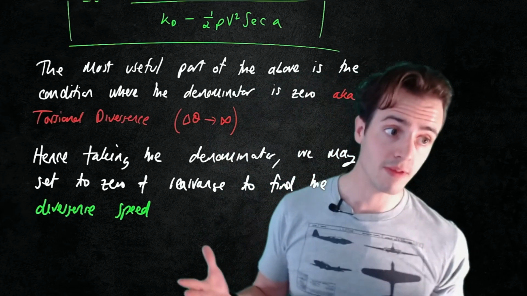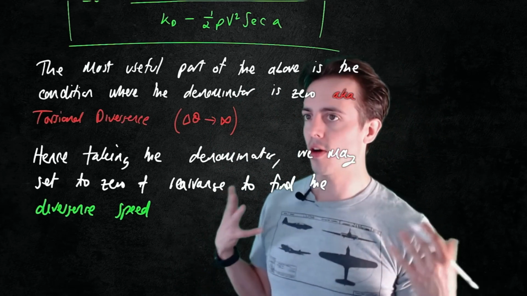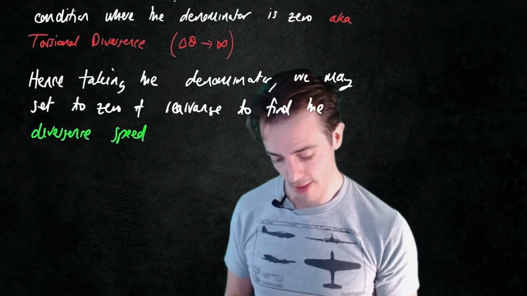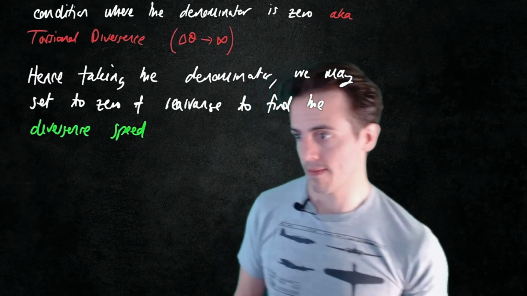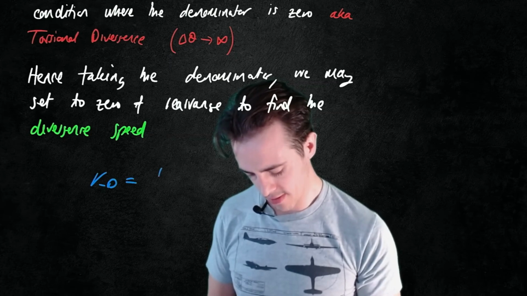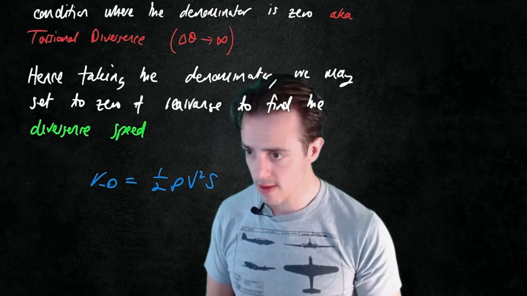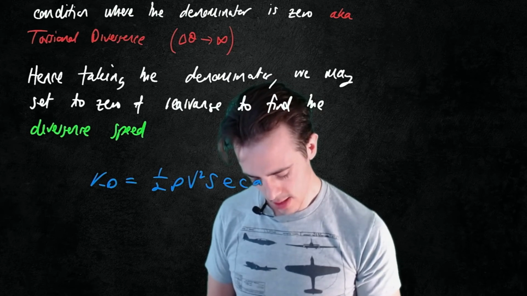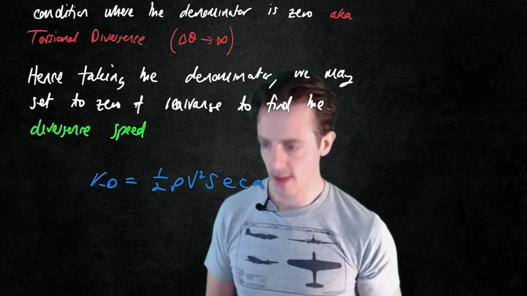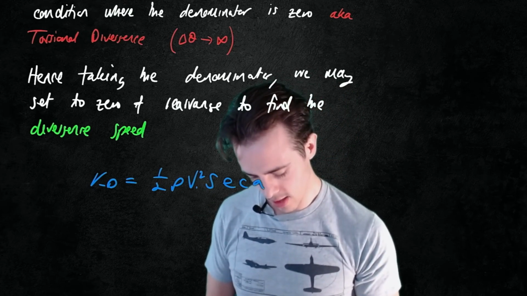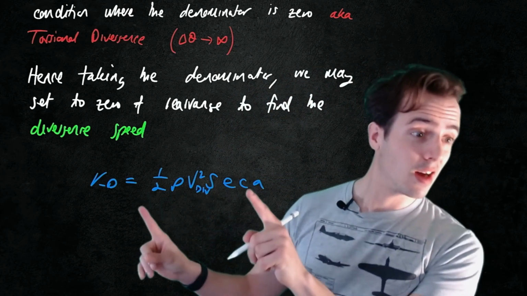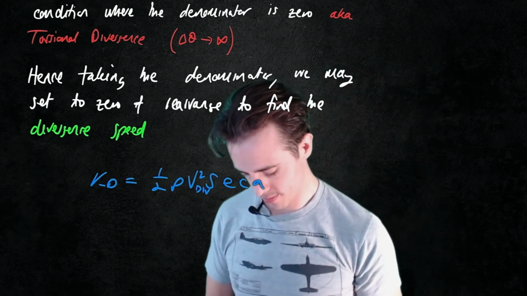Divergent speed is a speed that obviously we want to avoid in an aircraft. It usually sets one of the upper speed limits on the aircraft. Obviously we can't fly anywhere near it. This is something we want to avoid very heavily. So the condition is given by KD is equal to a half rho V squared S E C A. And then we can rearrange that by solving for V. I should call this V div there really, because this is only true when we're at the divergent speed, i.e. when the denominator is equal to 0.